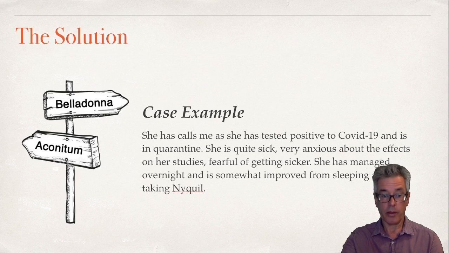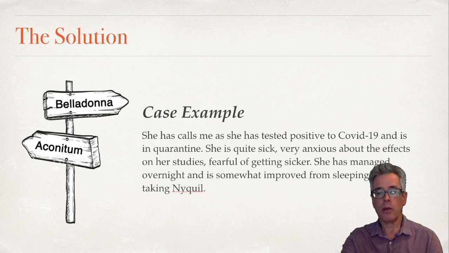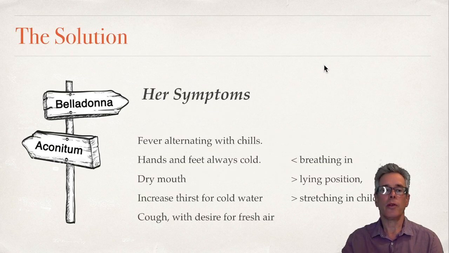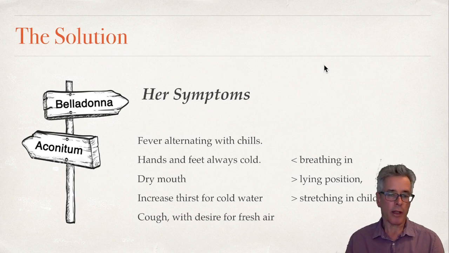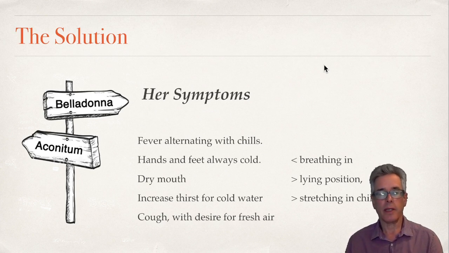So I want to talk about her symptoms. And this was a very quick call. I've worked with her before. She knows the type of questions I'll ask and knows to answer them very simply and clearly. So I might have asked, so are you hot? Are you cold? And basically she let me know she's got fever, sometimes with intercurrent chills.